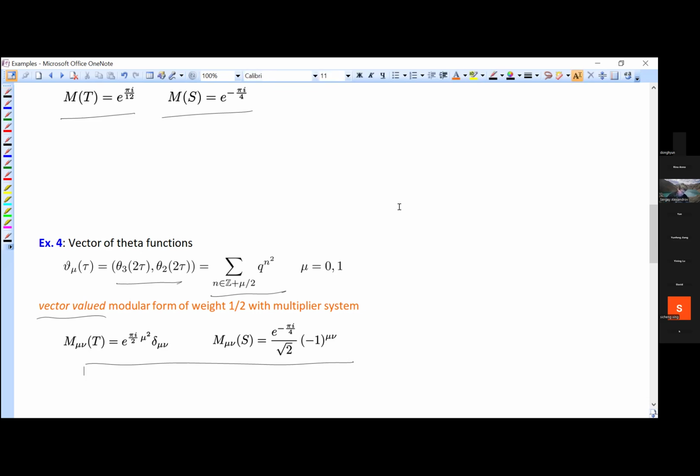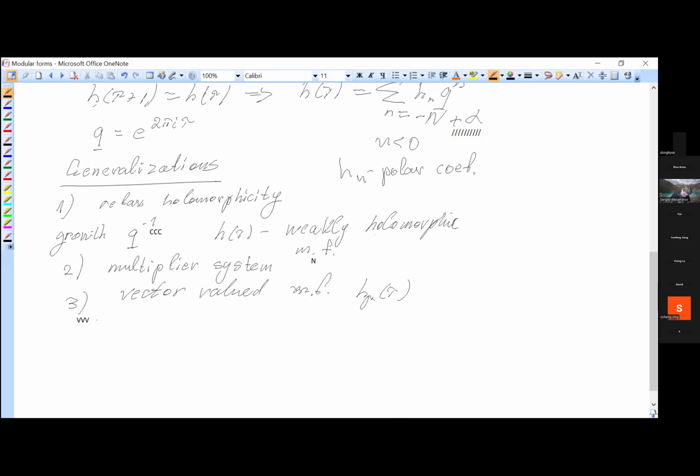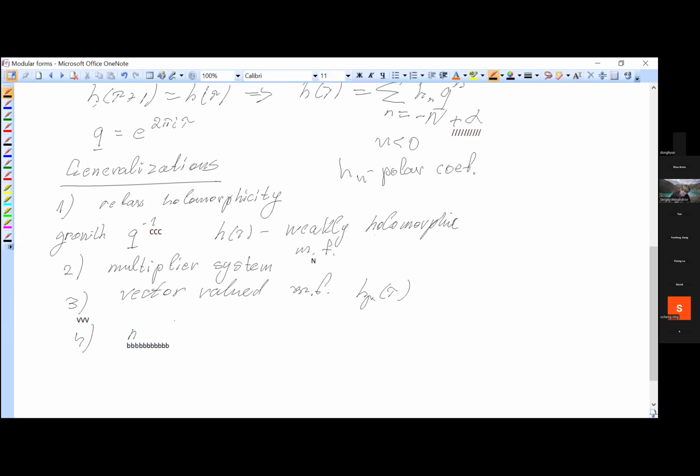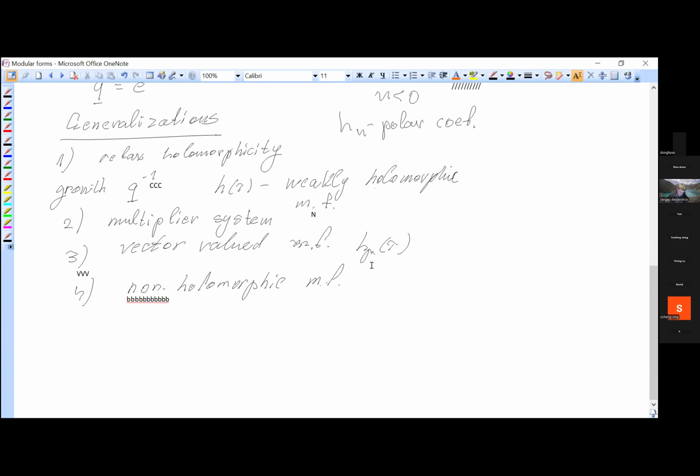And the last generalization that I would like to consider corresponds to the so-called non-holomorphic modular forms. Non-holomorphic modular forms are again defined in a very simple way. We just allow them to depend on both tau and tau bar.